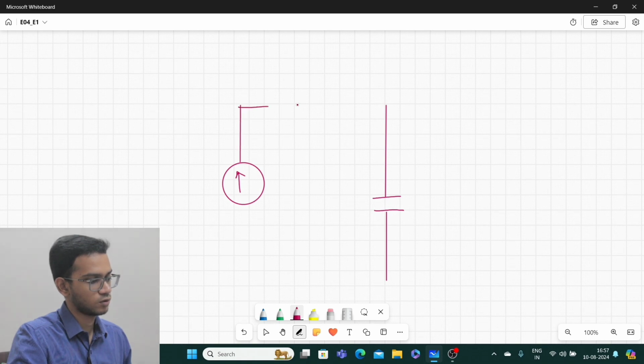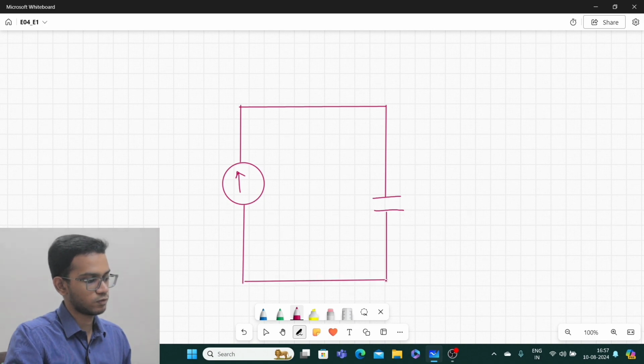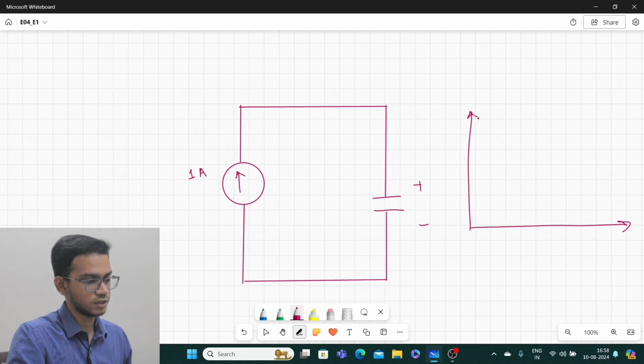So this will be my circuit. And as the current gets deposited here, the voltage across this capacitor keeps on increasing. If this current is constantly 1 ampere, then the voltage will be increasing. This is the voltage across the capacitor. This will be increasing linearly.